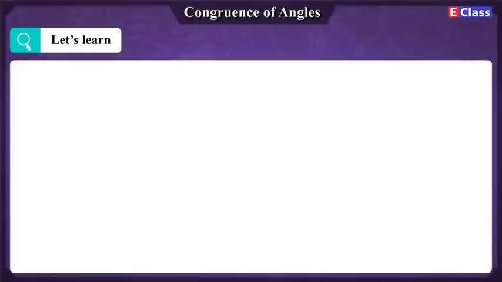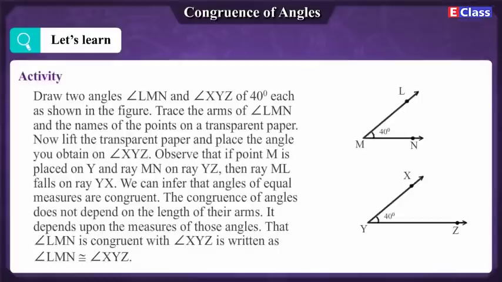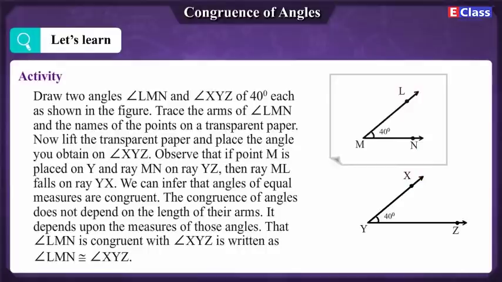Activity. Draw 2 angles, angle LMN and angle XYZ, of 40 degrees each as shown in the figure. Trace the arms of angle LMN and the names of the points on a transparent paper.